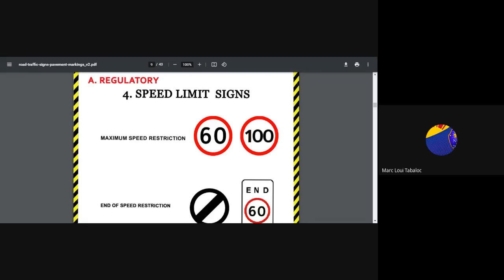Yan, 60, 100. It means yan yung maximum speed allowed. Sa ibang countries at sa ibang lugar, meron din silang tinatawag na minimum speed signs. Kung saan ito yung minimum speed mo at maximum speed na dapat i-maintain.